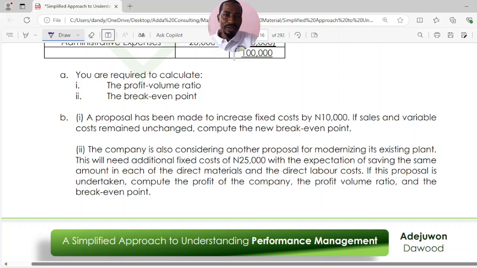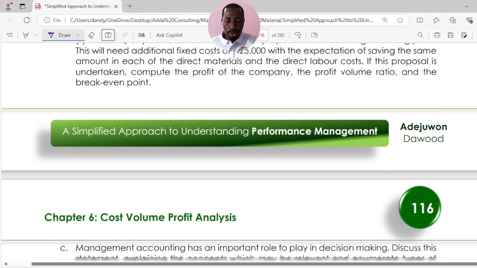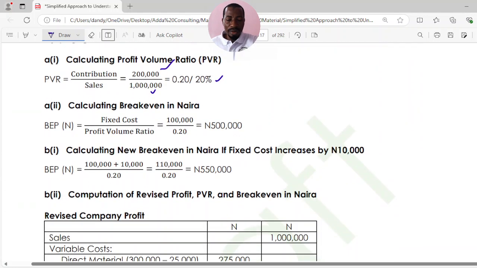The second requirement in A, you have to calculate break-even point. So what kind of break-even point? Is it break-even in naira or break-even in units? In this case, it has to be break-even point in value, because in the question I don't have selling price, I don't have number of units. So the best break-even point I can calculate with the information I have is break-even point in value. Break-even point in value is the total fixed cost divided by profit volume ratio.